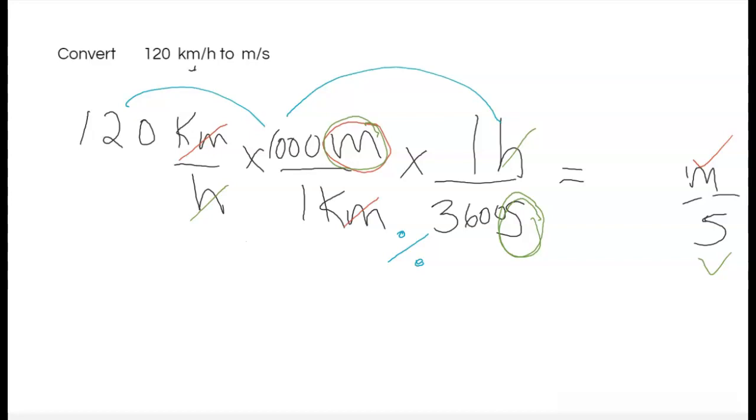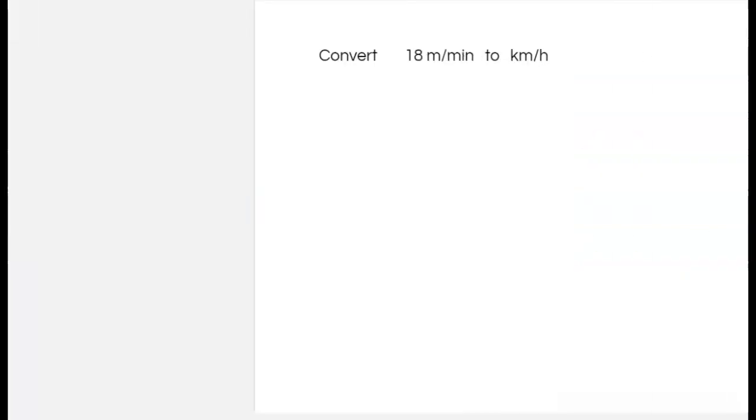I'm going to do that, double check my calculation. 120 times 1,000 divided by 3,600. And I'm getting, to 2 sig figs, 33 meters per second.